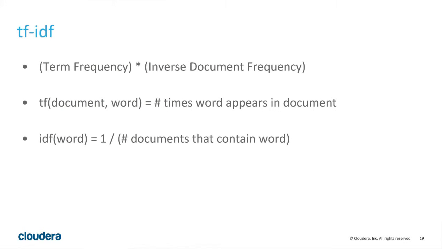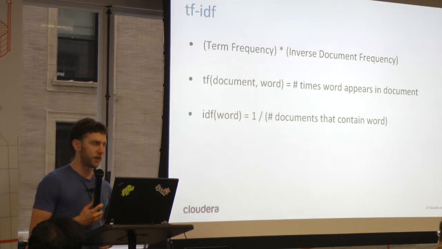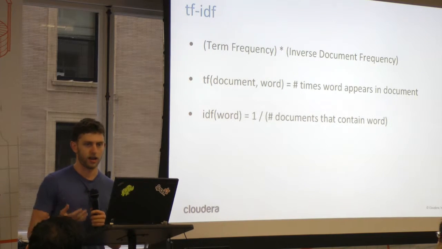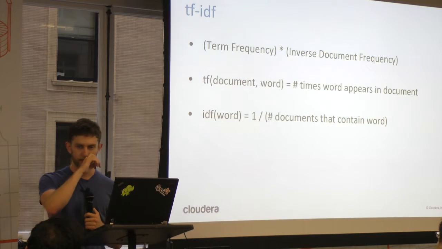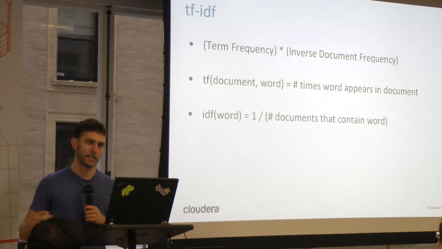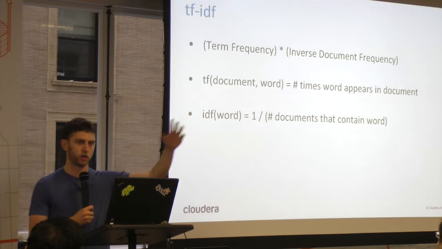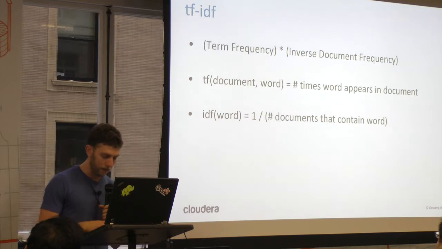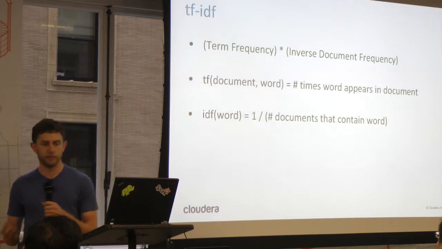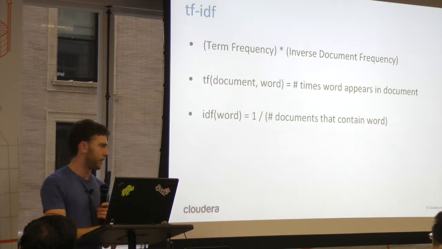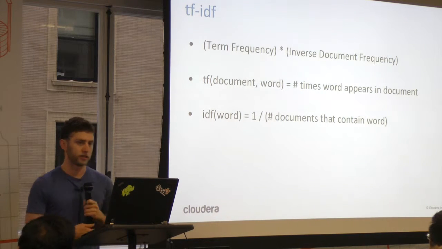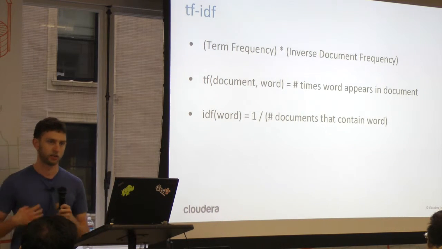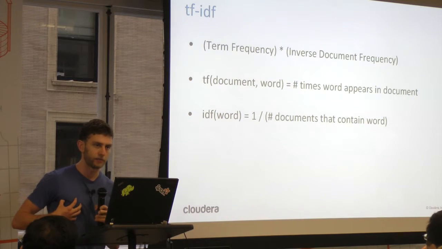To the rescue is this common scheme for filling out the entries of this term document matrix called TFIDF. It stands for term frequency times inverse document frequency. It starts out with term frequency, which is basically the number of times that a particular term shows up in a document.